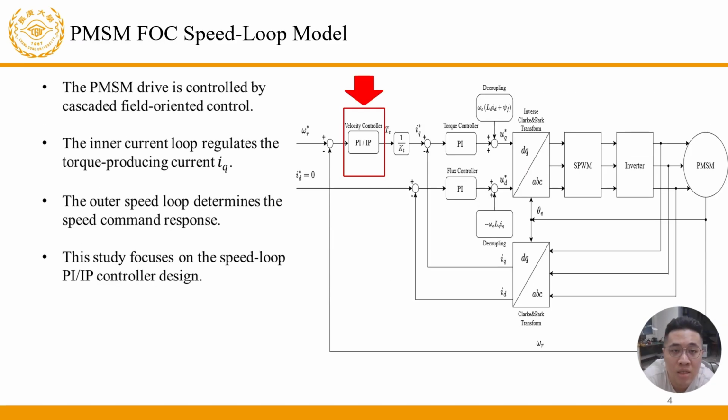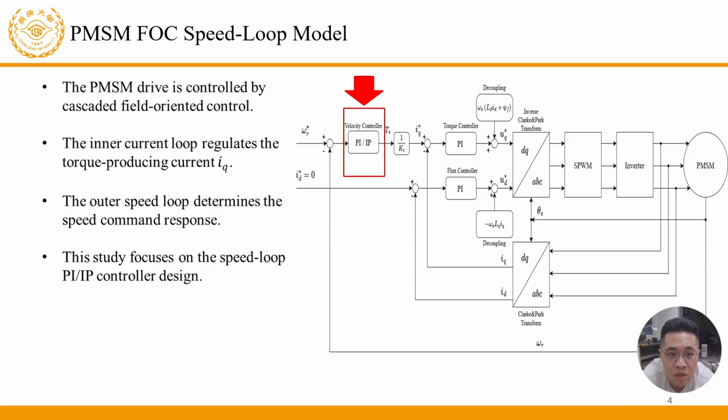In this study, we use the FOC structure. The inner loop is the current loop. It controls the torque-producing current, which is the Q-axis current. The outer loop is the speed loop.